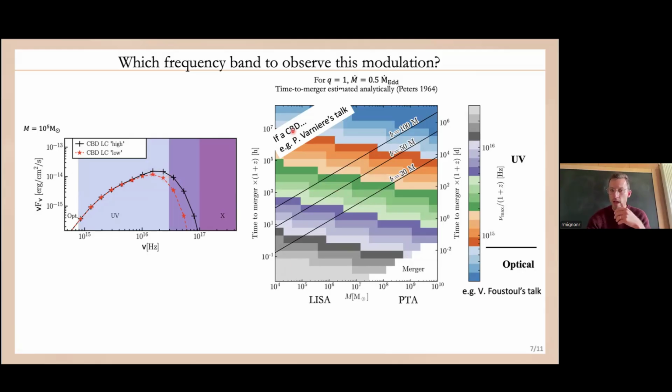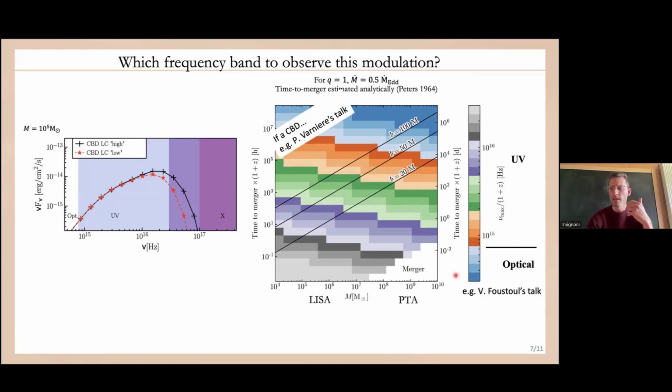But on the right, I show where this optimal frequency to observe the lump modulation is, as a function of the binary black hole mass from LISA sources to PTA sources, and as a function of the time to merger, or equivalently of the orbital separation.